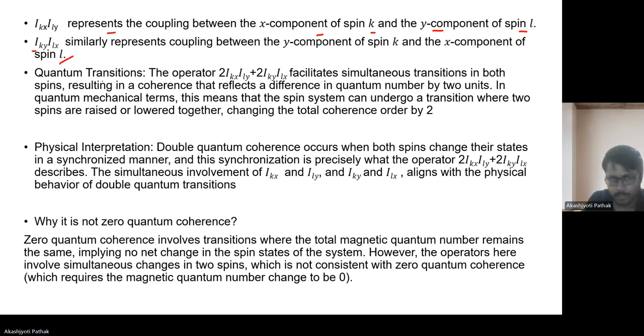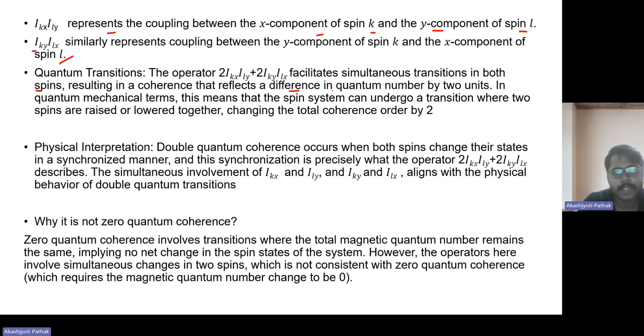Now, as per the quantum transitions, the operator 2IkxIly plus 2IkyIlx facilitates simultaneous transitions in both spins, resulting in a coherence that reflects a difference in quantum number by 2 units.